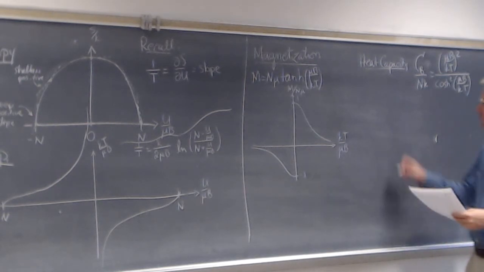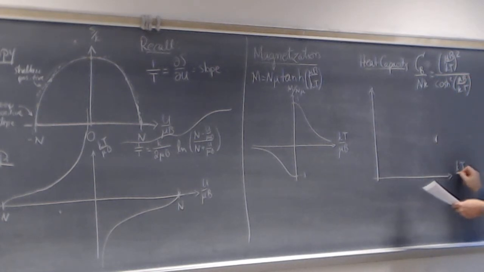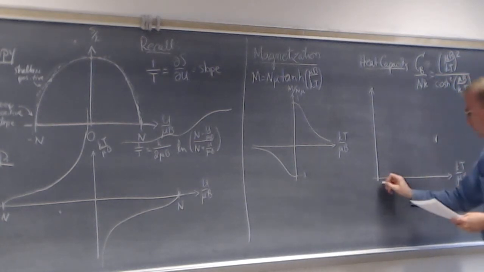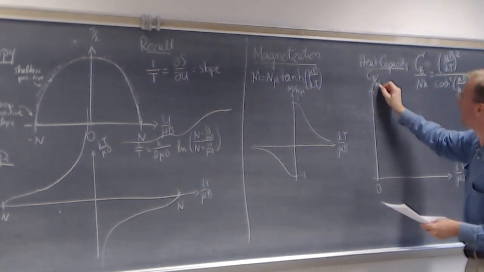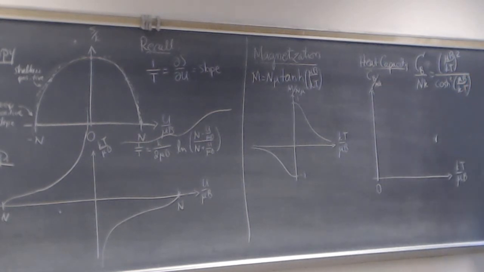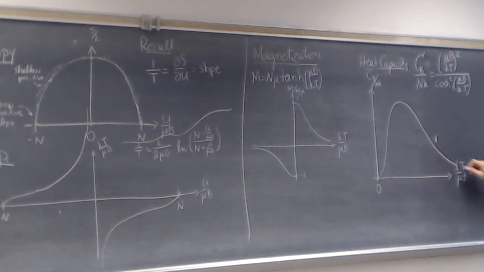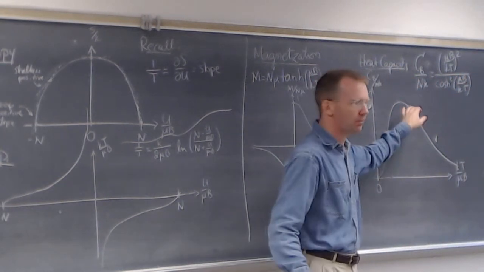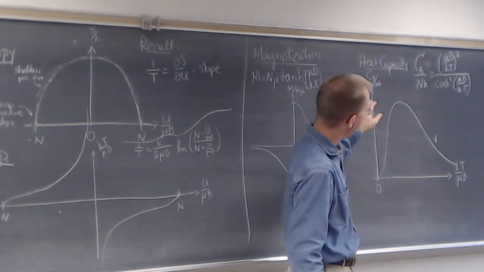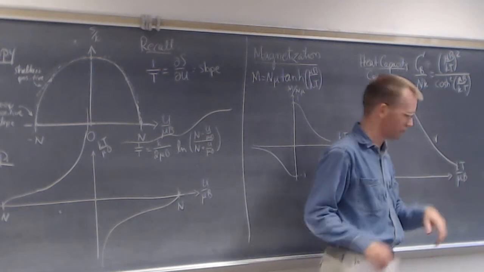So if I plot this, C_B over Nk versus kT over mu B, we wind up with a sharp rise from 0 up to a peak, a maximum heat capacity, and then a gradual tailing off as you increase the temperature.